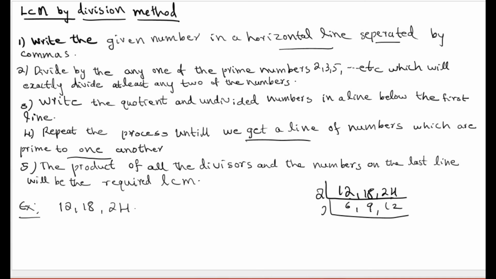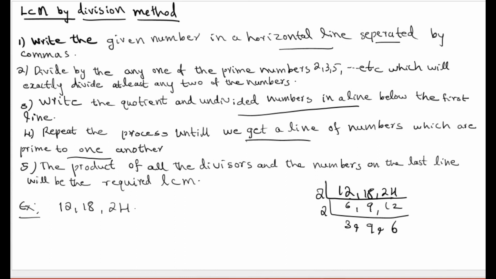Or suppose you are taking 2: 2 3s are 6, but 9 is not divisible by 2, right? Whenever an undivided number comes, you need to write that number below the line. So here you need to write 9 only. Then 12, 2 6s are 12.